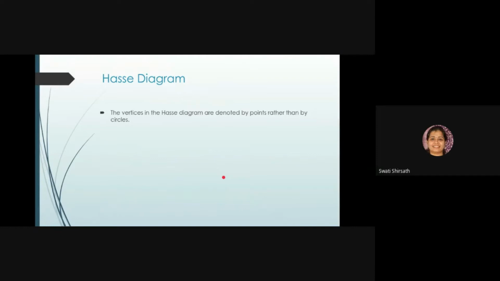So a Hasse diagram is drawn only for posets, not for a normal relation, not for an equivalence relation. Let's see what the rules are. Circles are replaced by points. So you'll just have a dot, and next to the dot you'll write the name of that node or that vertex.